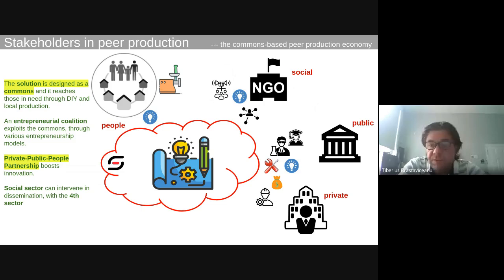So we work with NGOs, we work with universities, private companies, like we saw in the previous example. We saw 2 private companies involved in this project. But sometimes we work with universities, we work with professors, and most of the time we work with NGOs that have an interest in this open source hardware technology that we develop for the communities that they serve.